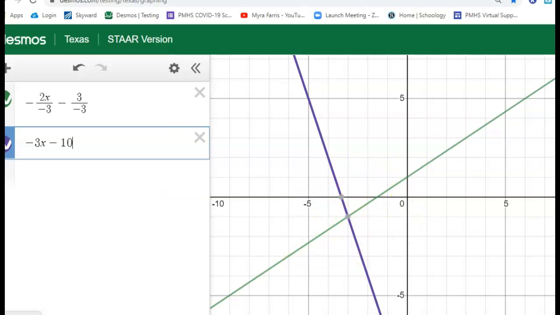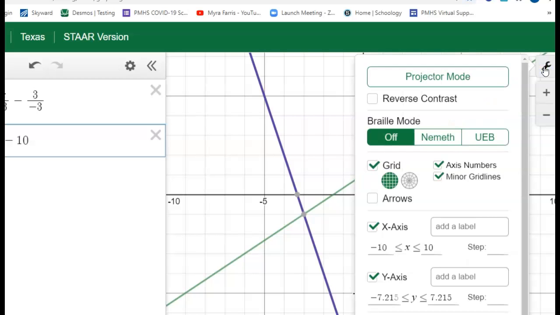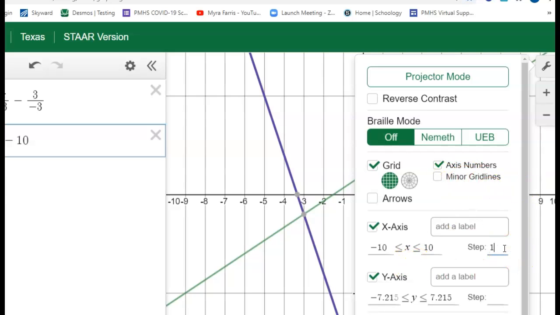Now, I don't particularly like the settings that I have here, so I'm going to change the setting. Over here where there is the wrench, I'm going to click on that, and I don't like to show the minor grid lines. But I do like to count by ones.